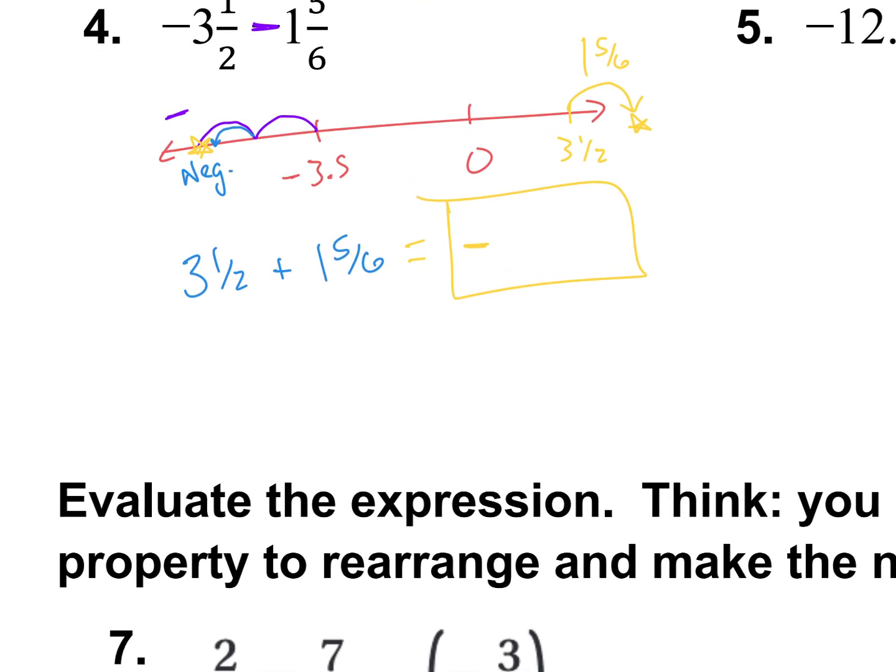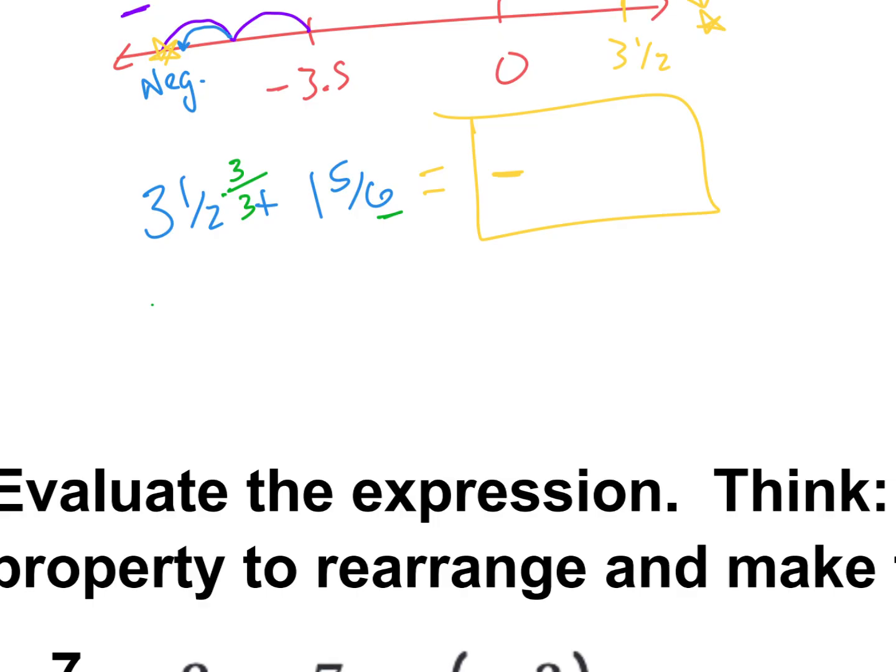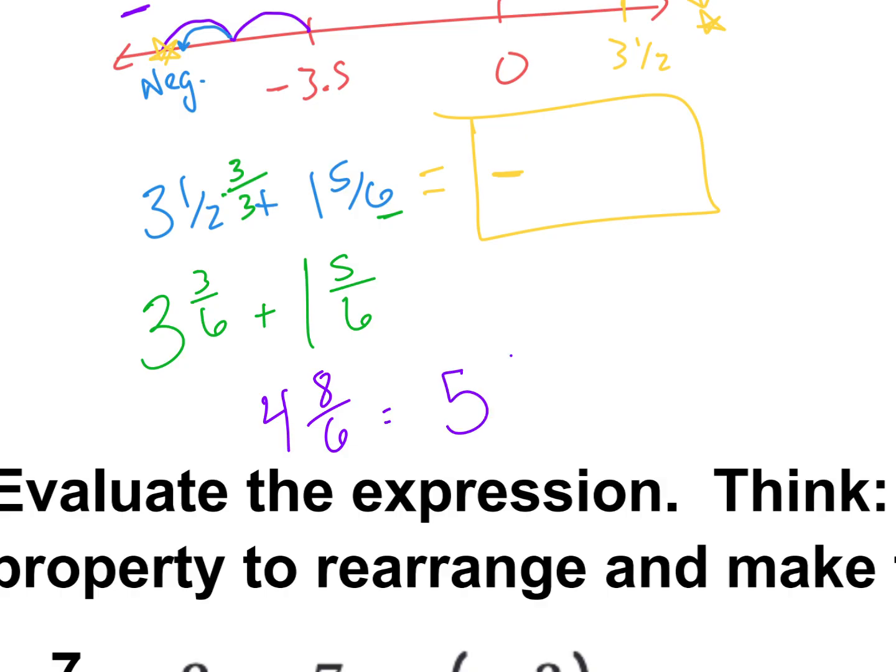All right. So we can multiply this by 3/3 to get a common denominator of 6. So we have 3 3/6 plus 1 5/6. That is going to be 4 8/6, which is really 5 2/6.